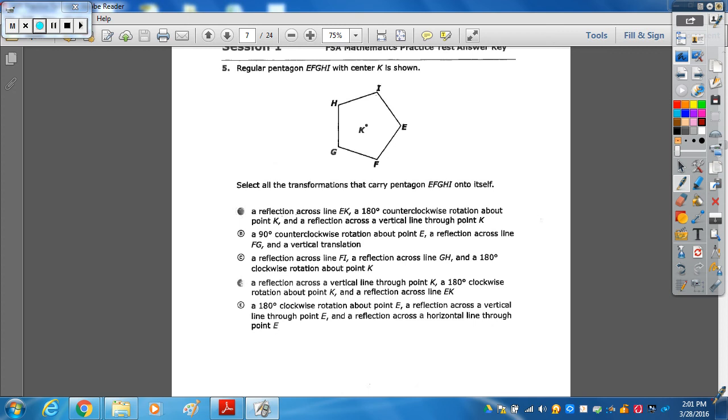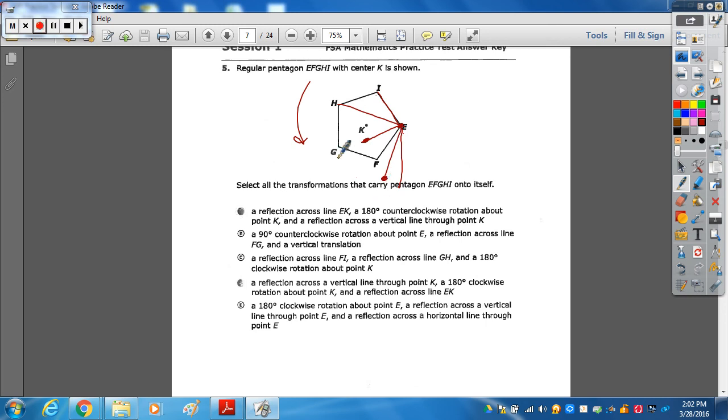A 90-degree counterclockwise rotation about point E. Okay? Well, 90 degrees counterclockwise, again, we're going this direction, about point E. If I go ahead and do 90 degrees from point I, that same distance, so I would be out in here, 90 degrees, that's not 90 degrees, I'll put it right there.